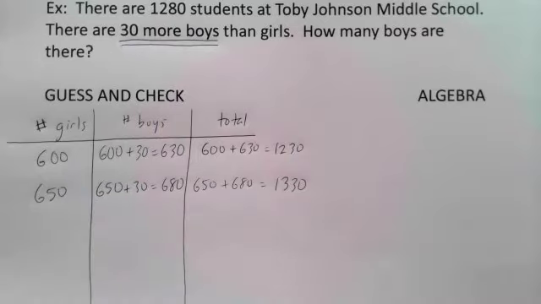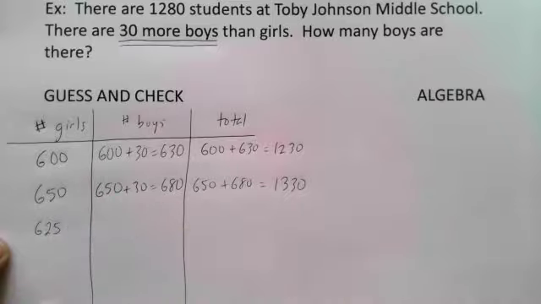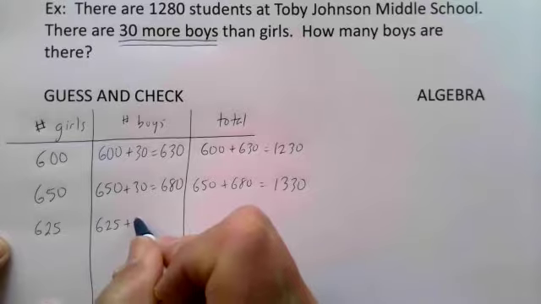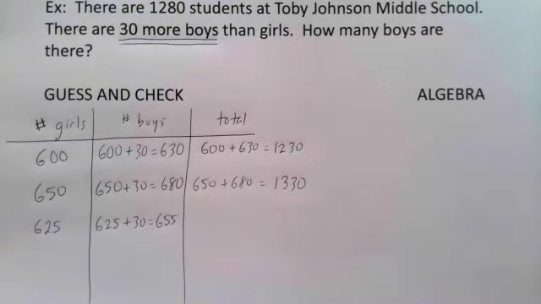So guess at anything in between 600 and 650. You could guess at 610, 620, 649. Anything between 600 and 650 would be a reasonable guess. I'm going to go ahead and kind of go in the middle here with 625. If there were 625 girls, how many boys would there be? I think there would be 655 boys because there has to be 30 more, right?